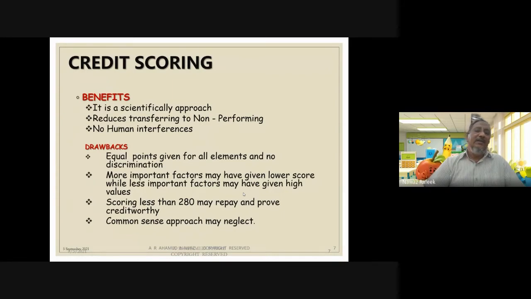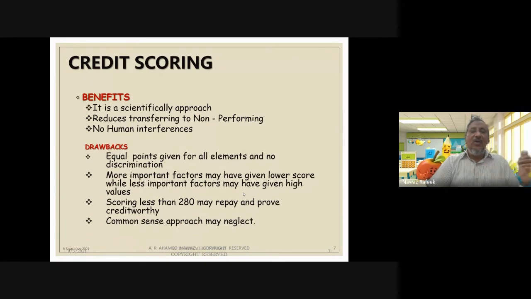Then, there are drawbacks against this credit scoring method. There are a lot of arguments. One of the arguments is that equal points are given for all elements with no discrimination. Certain elements should be given more weightage, and certain elements should not be given that much weightage.